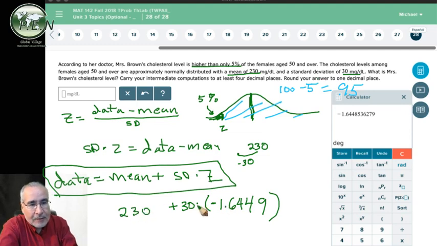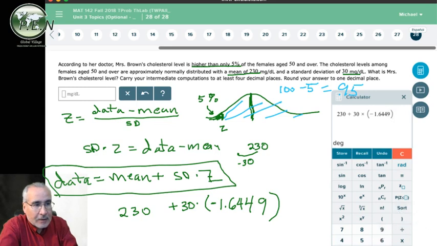Now notice this negative sign will make this negative, so you'll actually be subtracting. But we could do that all here on the calculator. 230 plus 30 times, put the parentheses, negative 1.6449.